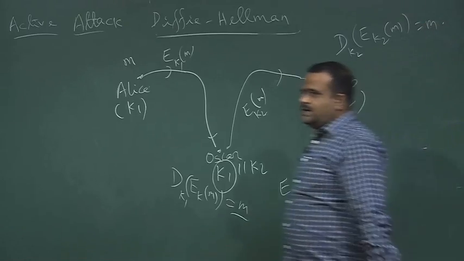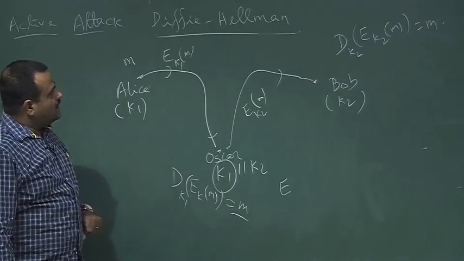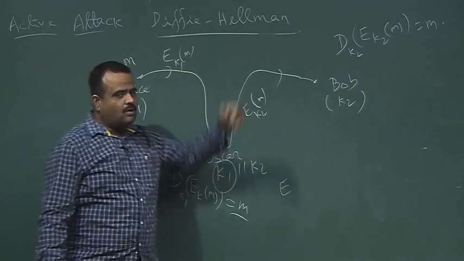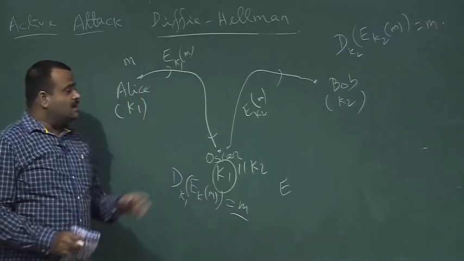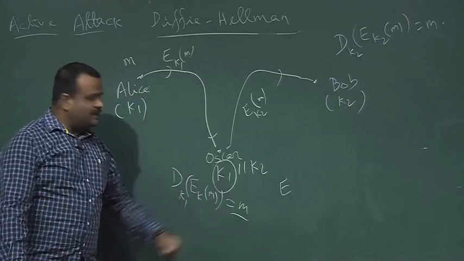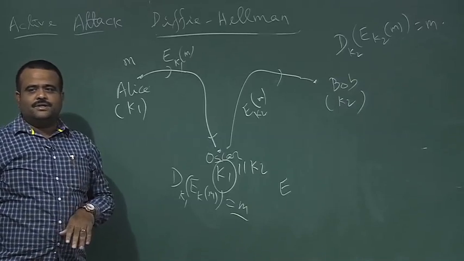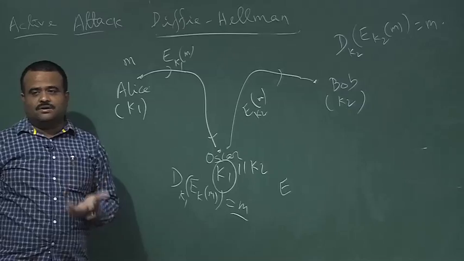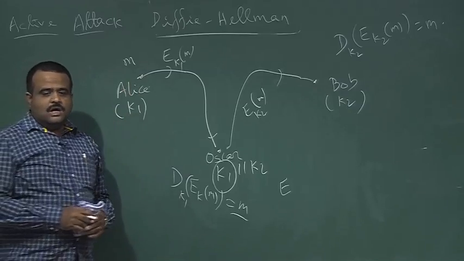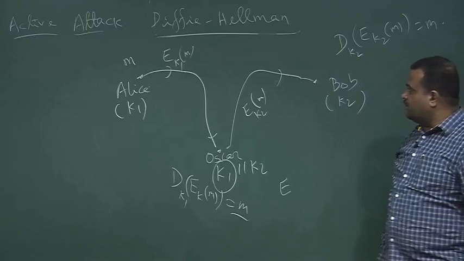But unknowingly, Oscar also gets the message. So, Oscar knows what is being communicated between Alice and Bob. So, this is the active attack on the Diffie-Hellman protocol.